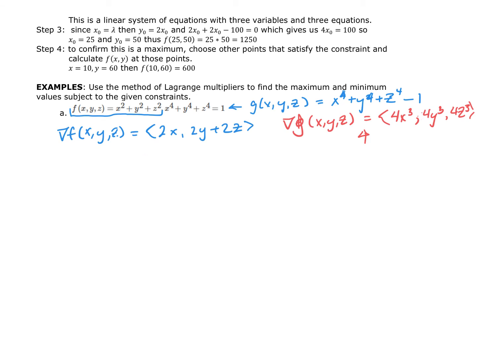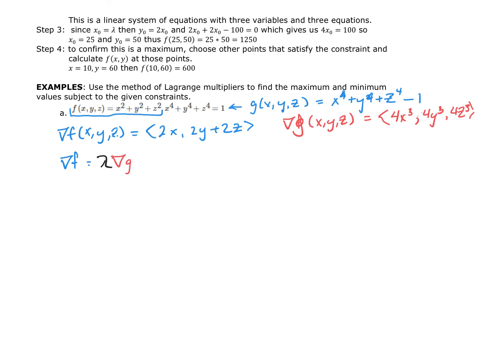So what I know based on my theorem up above is that my gradient of f is going to be equal to some lambda multiplied by the gradient of g.